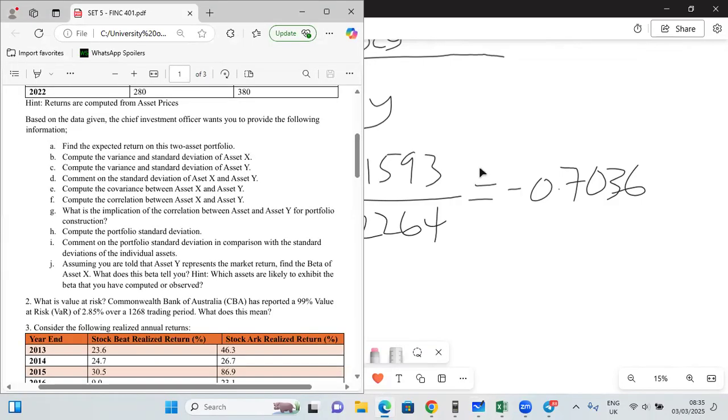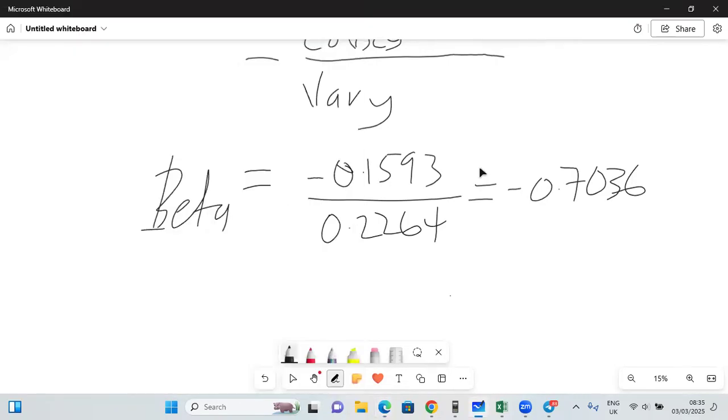Now, what does this beta tell you? Which assets are likely to exhibit the beta that you have computed or observed? So the negative beta implies that asset X moves in the opposite direction of the market, right?